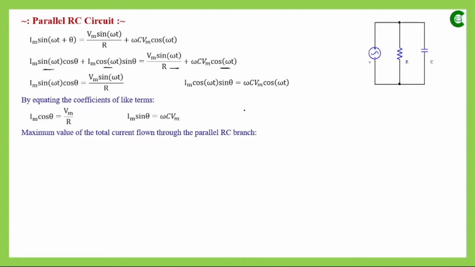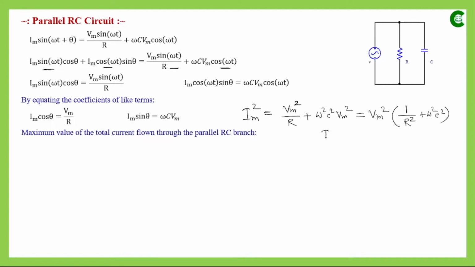So on the left side we will have Im square, and on the right side we will have Vm square divided by R square for this part. From the second equation we will have omega square c square Vm square. Now Vm square is the common term, so it can be taken as common, and then it will be 1 divided by R square plus omega square c square.